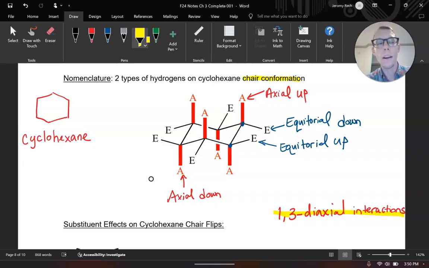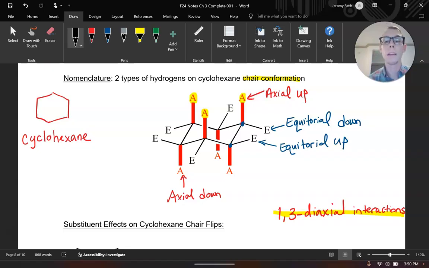Now, in our axials, for example, I have an axial up here, an axial up here, and an axial up here. There is going to be some amount of steric interaction, just like when we were thinking of our Newman projections, we don't want things eclipsed. Having gauche is better. Having all the way far away anti is the absolute best. Kind of the same idea here.